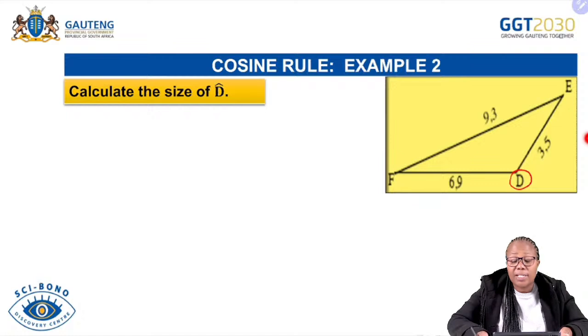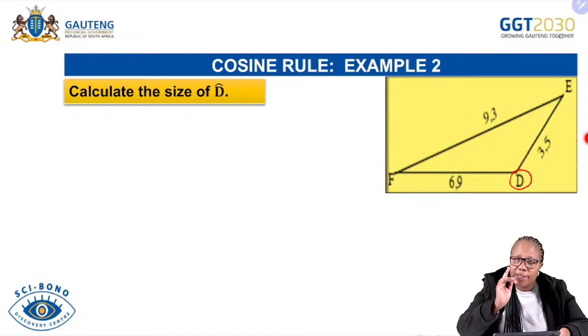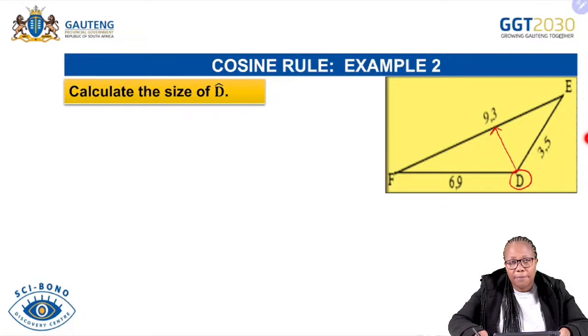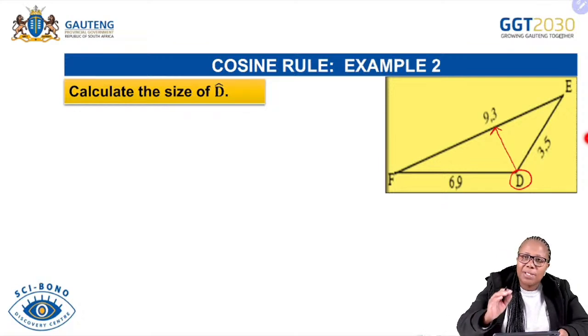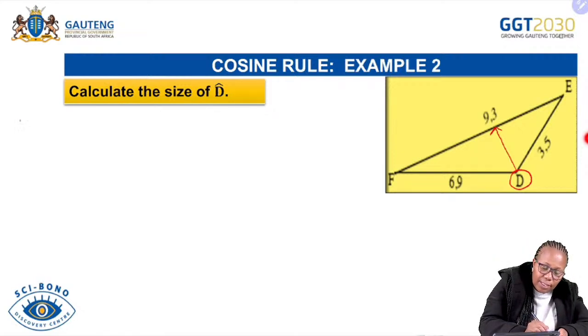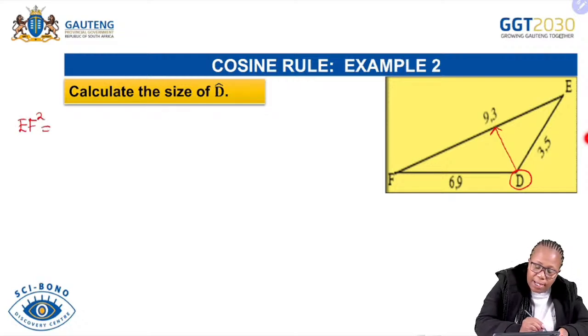We are looking at that angle here. Okay, because we have all 3 sides, it's a cosine rule. And then this angle D is opposite which side? FE or EF. Okay, so that means now the angle must correspond with the side, remember, on the left. So we are going to put our side here, EF squared, and then the other 2 sides, DF squared plus the DE squared minus 2 what?